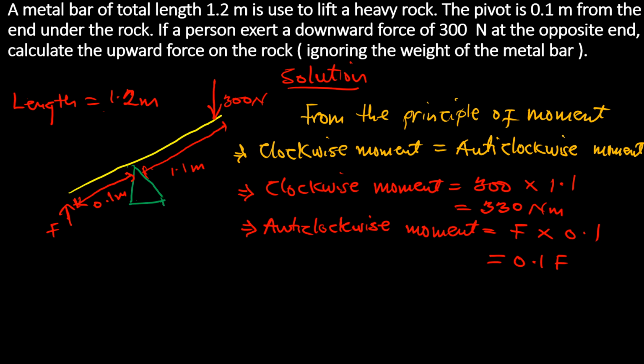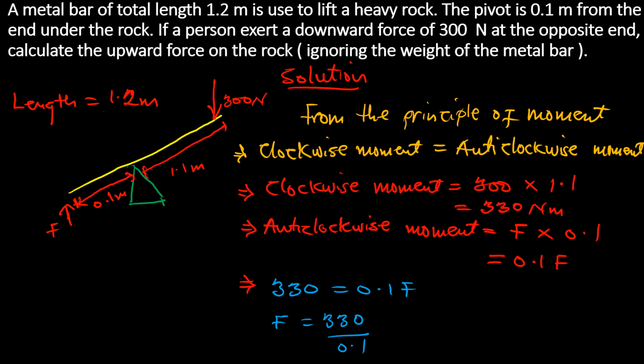So we equate 330 to 0.1 F. So 330 is equal to 0.1 F. So F will be equal to 330 divided by 0.1.